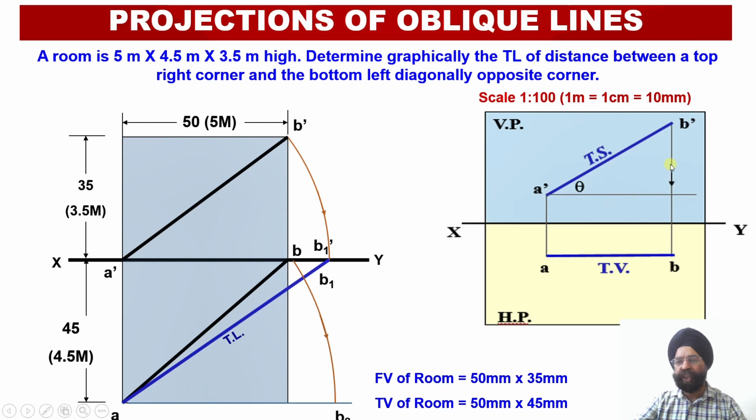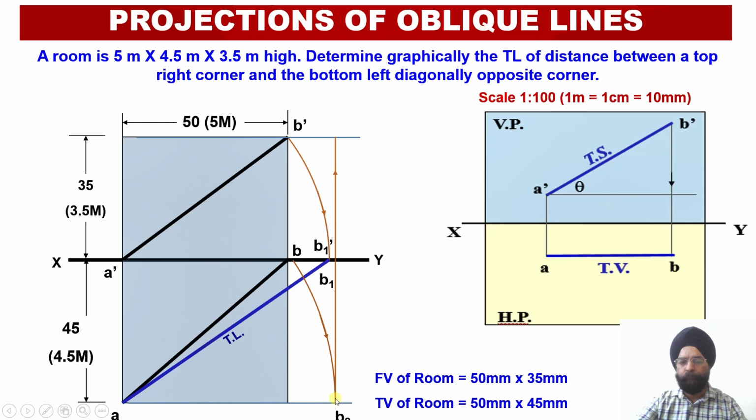Having obtained this apparent length AB2 parallel to the vertical plane, now I need to obtain the projection corresponding to B2 in the front view. In order to obtain the projection corresponding to this point B2 in the front view, again we have drawn a locus line starting from the point B dash. This point will provide us with the true length of this line AB in the front view.